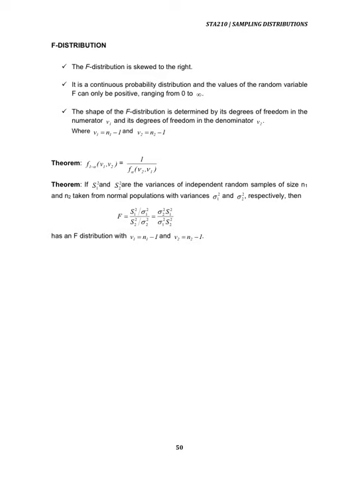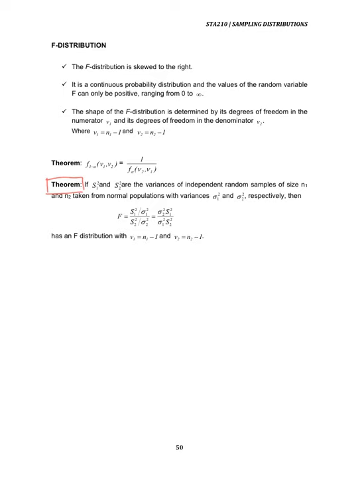So look at the theorem. If s1 square and s2 square are the variances of independent random samples of size n1 and n2 taken from normal populations with variance sigma 1 square and sigma 2 square respectively, then F equals s1 square over sigma 1 square divided by s2 square over sigma 2 square.